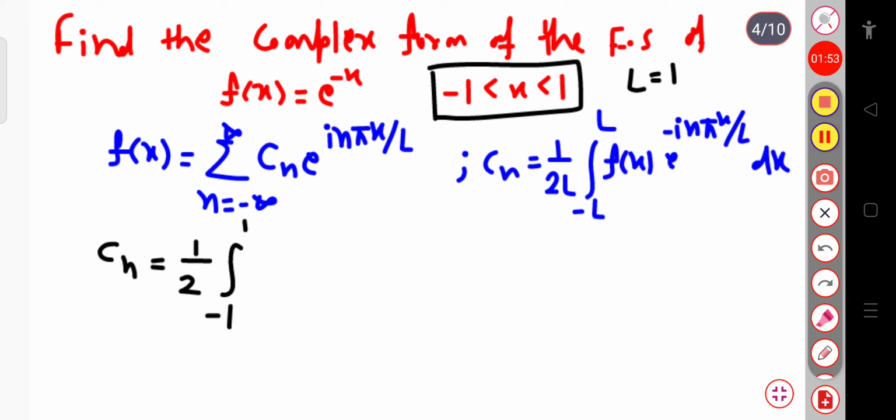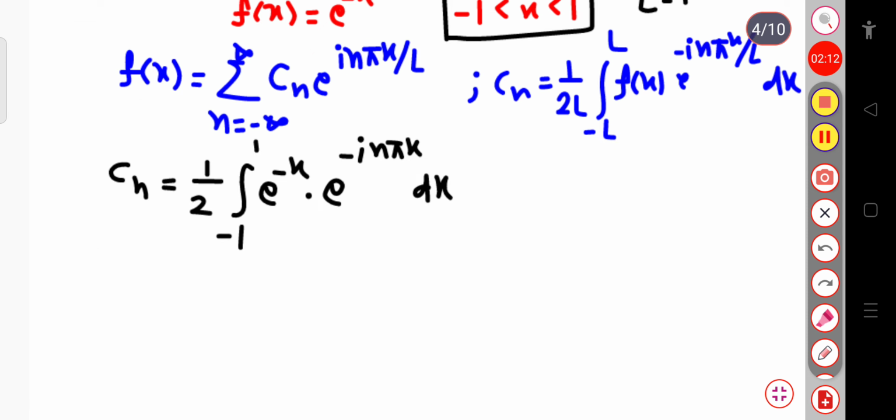And for f(x) we simply substitute e^(-x), multiplied by e^(-iπnx), because the L value is 1, dx.